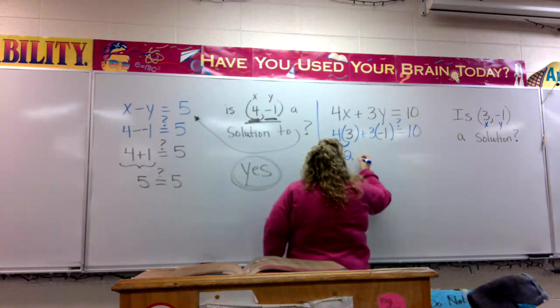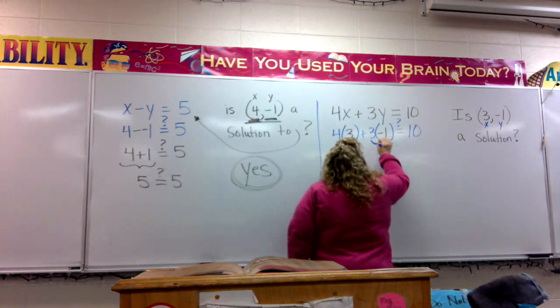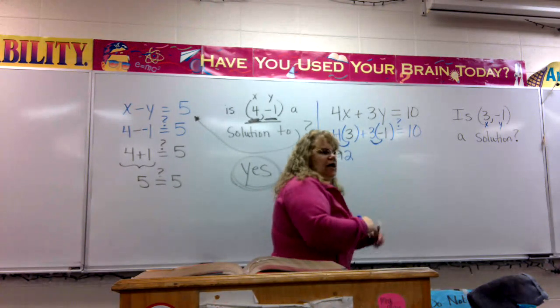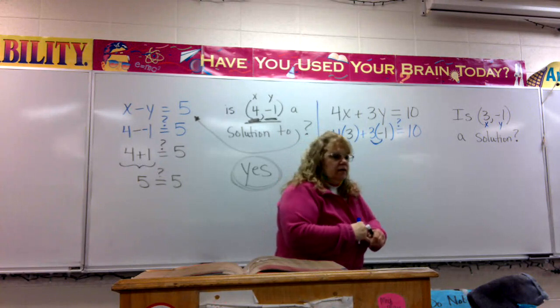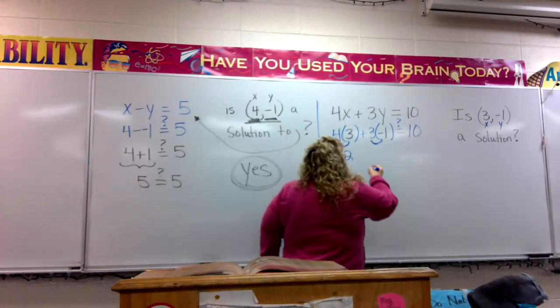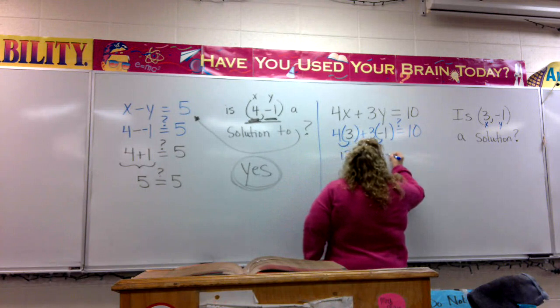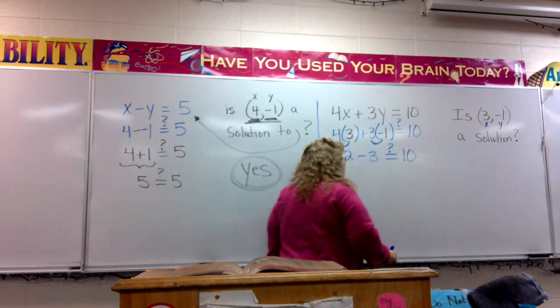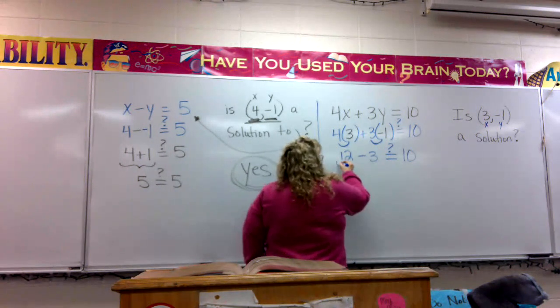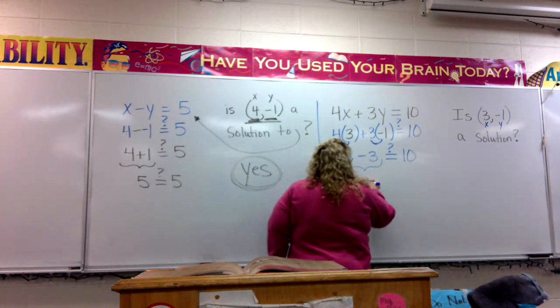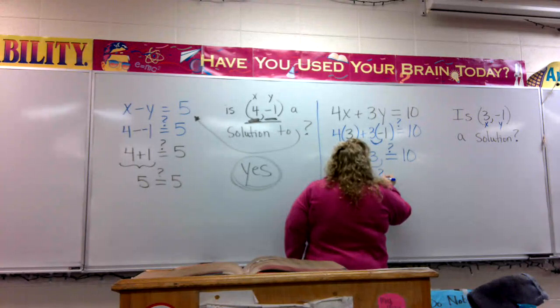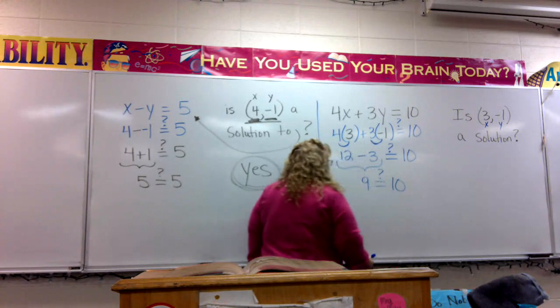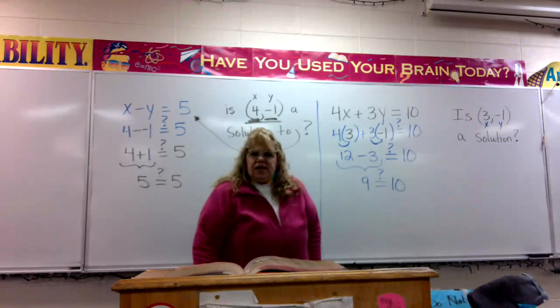What's 3 times -1? And we want to know, is that equal to 10? Well, what is 12 take away 3? I think it's 9. Is 9 equal to 10?